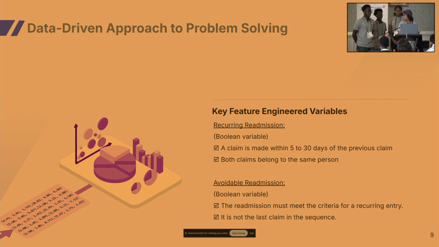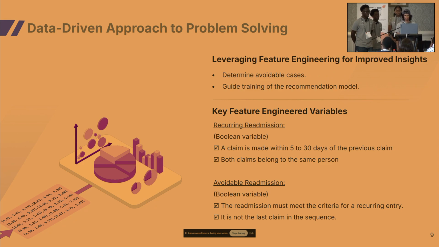Now, given the data set that we had, there were not a lot of references as to what each claim meant. So there was no explicit entry to indicate which ones cured the patient of that illness. So we took the last claim of that sequence with no other recurring entries within the next 5 to 30 days as an indicator that that final treatment ended up curing the patient of that illness.